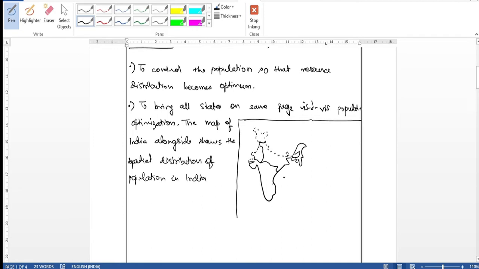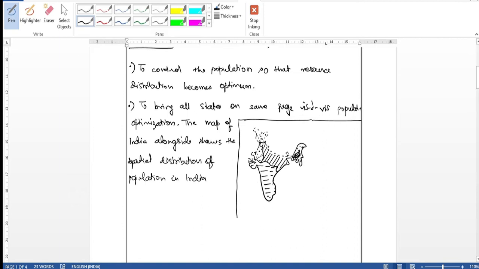This is high population density area, very high population. This is very sparse. These are high, others are sparse. Now this is medium, so I'll be making it like this.